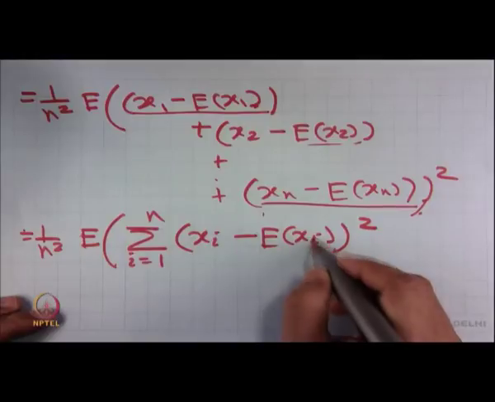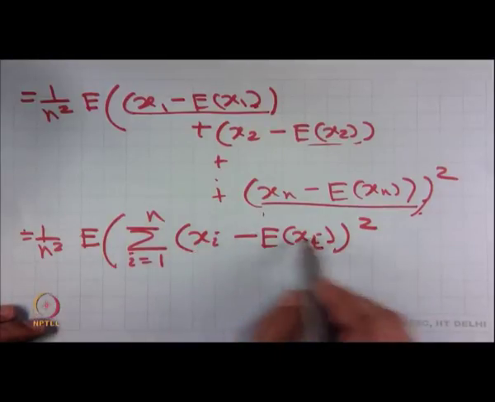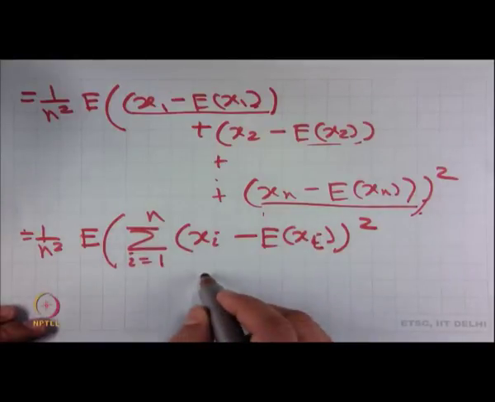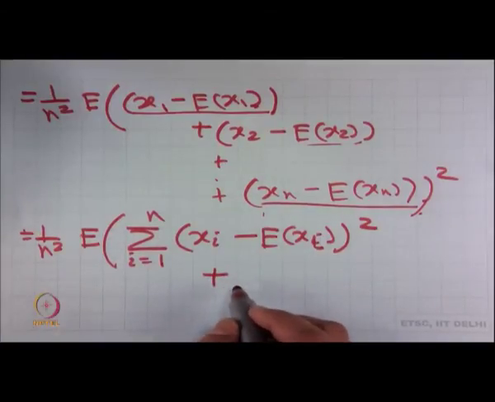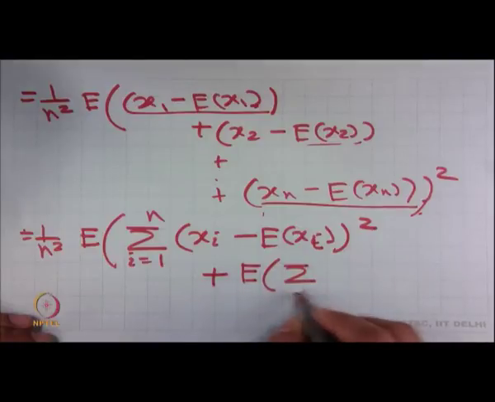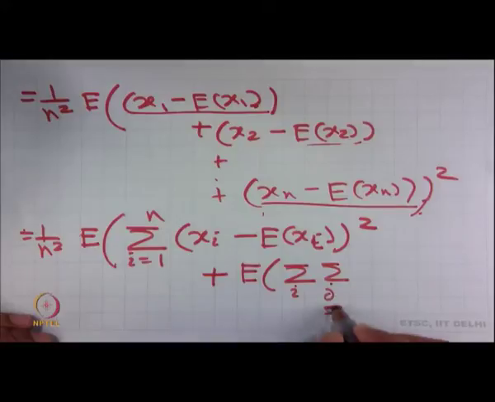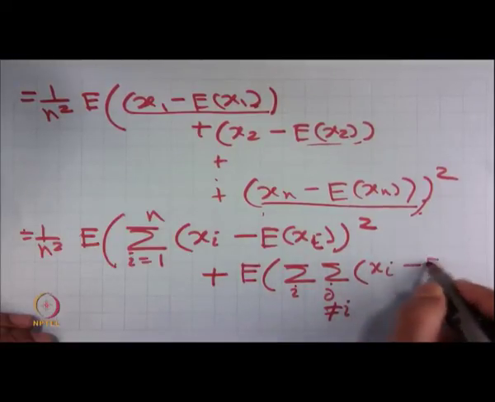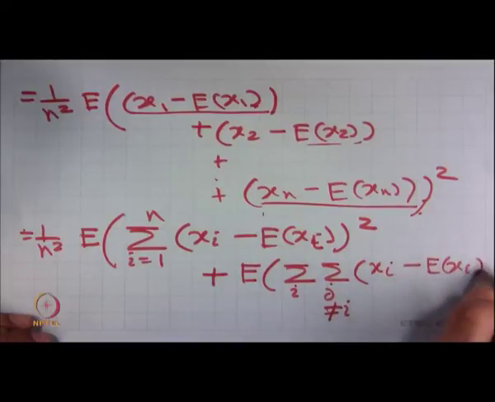So, this we can write as sigma xi minus the expected value of xi whole square, i is equal to 1 to n, plus the expected value of sigma over i sigma over j not equal to i, xi minus the expected value of xi multiplied by xj minus the expected value of xj.